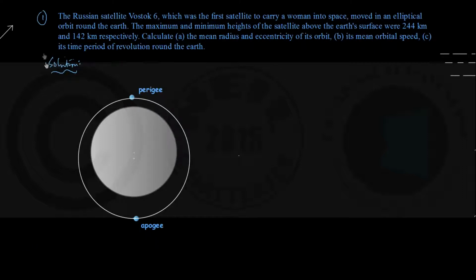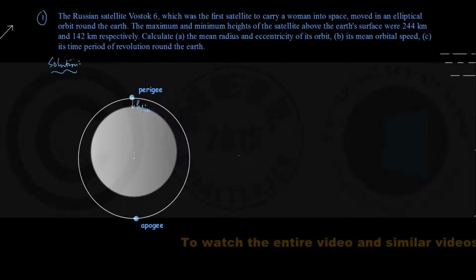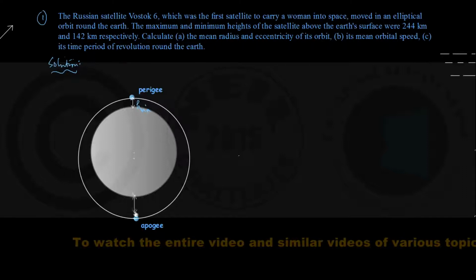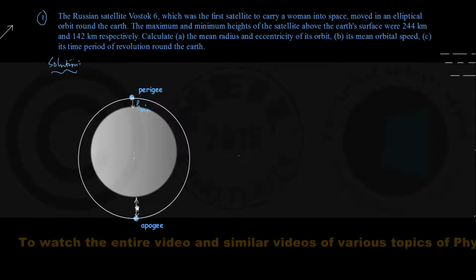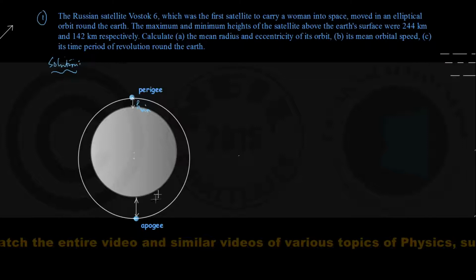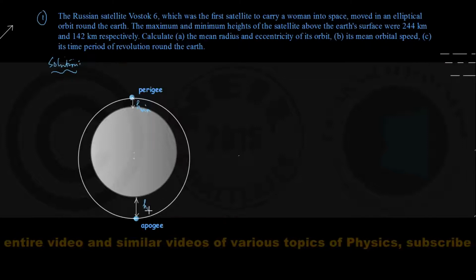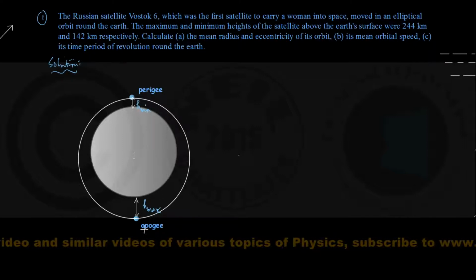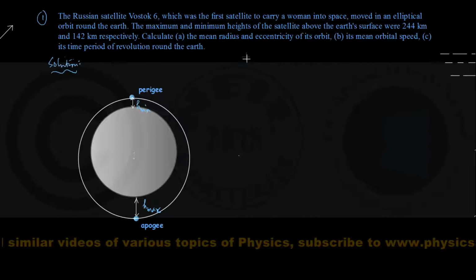According to the question, the height of the satellite at this perigee position, this is the minimum possible, that is 142 kilometers. So I'm writing it here. This is H minimum. And correspondingly, at the apogee position, the height above the Earth's surface, this is the maximum height, that is H max. We'll also start writing down the data in the problem.